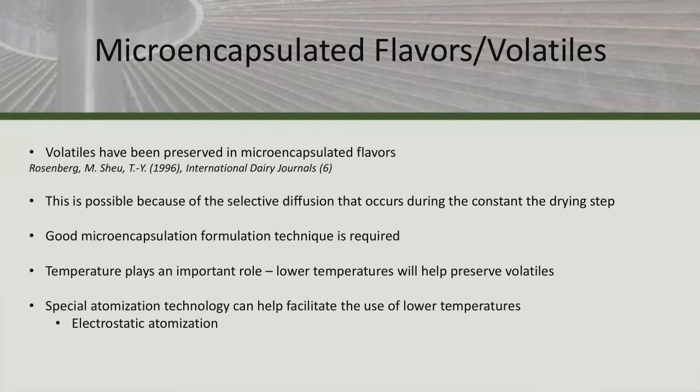So this is why, typically if you spray dry coffee, it doesn't taste as good as coffee that has been freeze dried, for example. But lately there have been advances in technology, not only in the construction of the spray dryer, but also in formulation techniques that allow flavors and volatiles to be encapsulated and preserved in spray drying. Long story short, it comes down to something known as selective diffusion that happens during the drying step.